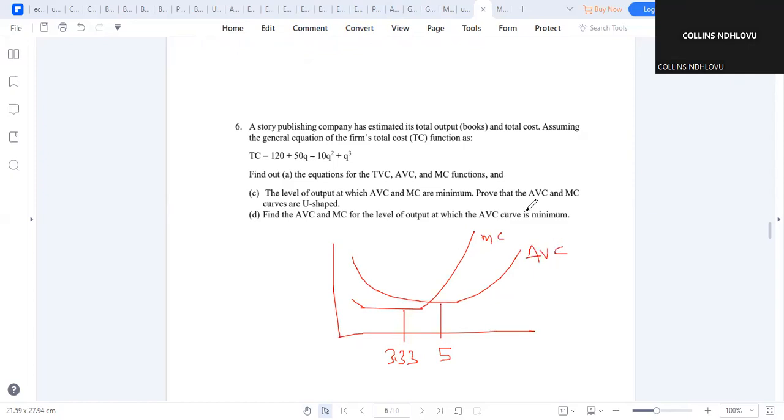You can use any scale. Okay. I sent all these solutions already on the group. Please find time to go through. These questions are usually repeated time and again.